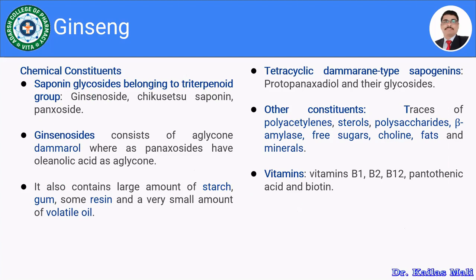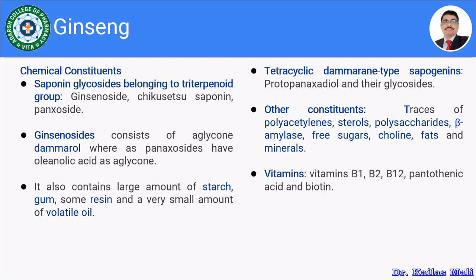Ginseng majorly comprises saponin glycosides, ginsengicides, tetracyclic dammarane type sapogenins, and some other constituents. The saponin glycosides belonging to the triterpenoid group comprise the ginsenosides, chikusetsu saponins, and panaxosides.